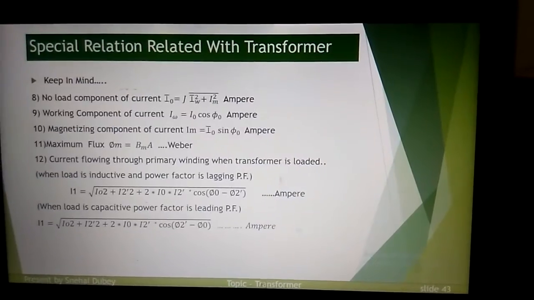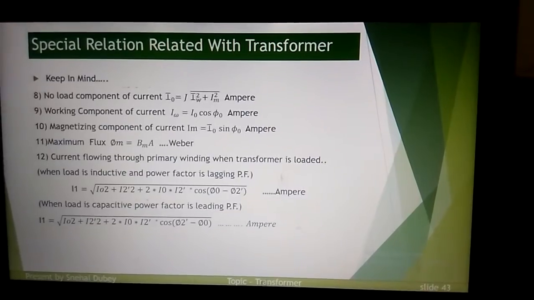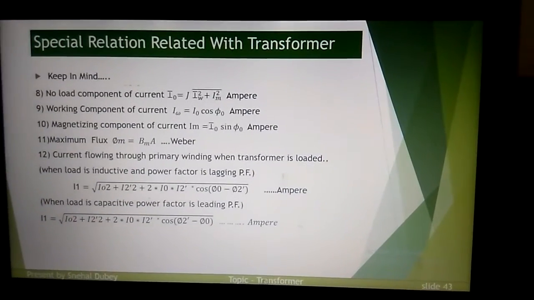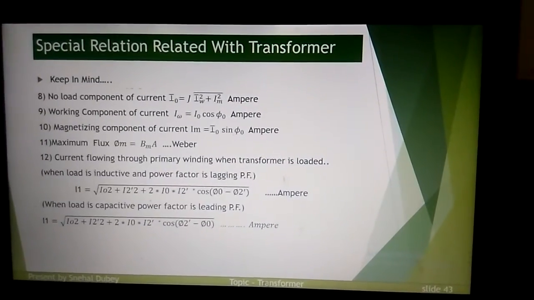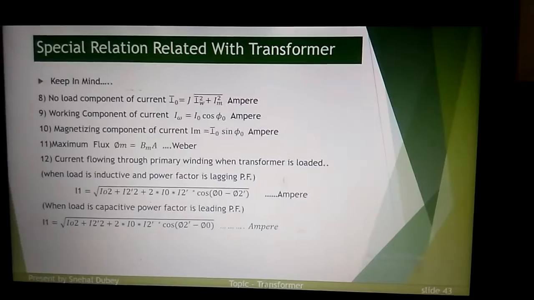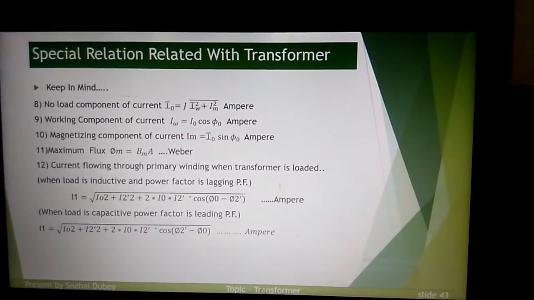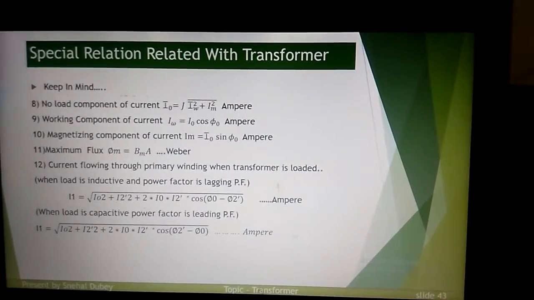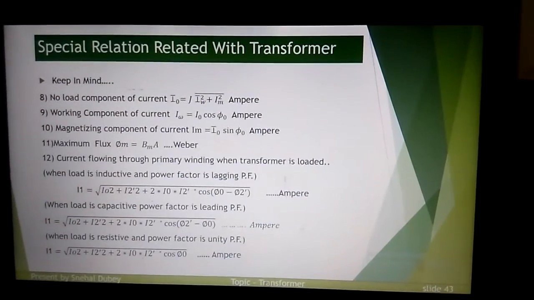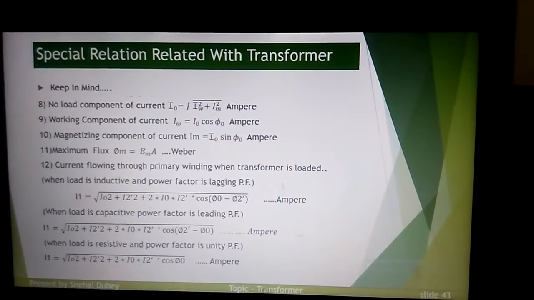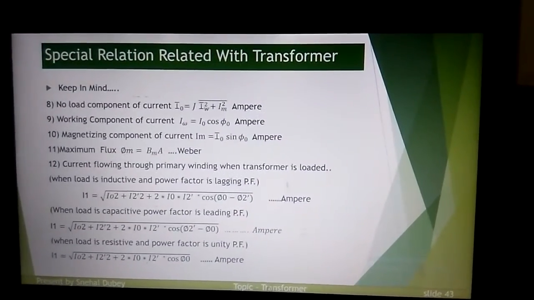When load is capacitive and power factor is leading, the formula for primary current, according to the phasor diagram and the law of parallelogram, is I1 equal to root of I0 square plus I2 dash square plus 2 into I0 into I2 dash into cos of phi 2 dash minus phi 0. Next, when load is resistive and power factor is unity, I1 is equal to root of I0 square plus I2 dash square plus 2 into I0 into I2 dash into cos phi 0 ampere.